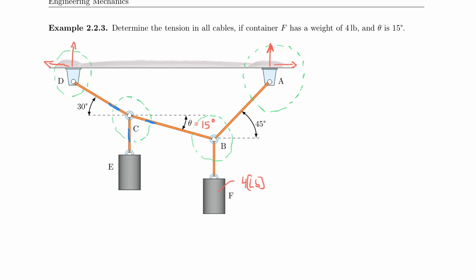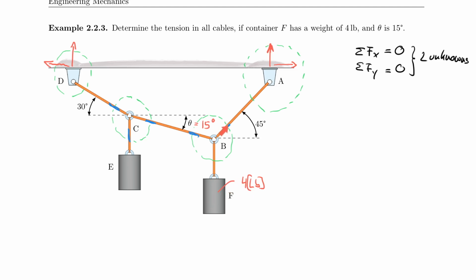Remember that we are only looking at a 2D structure here, so we have the sum of the forces in X equal to 0 and the sum of the forces in Y equal to 0. Therefore you can only have 2 unknowns, right? And that is violated here in node C. Whereas in node B, you would only have unknown 1 and unknown 2, and unknown 3 is actually known because you know that there's 4 pounds pulling on it.